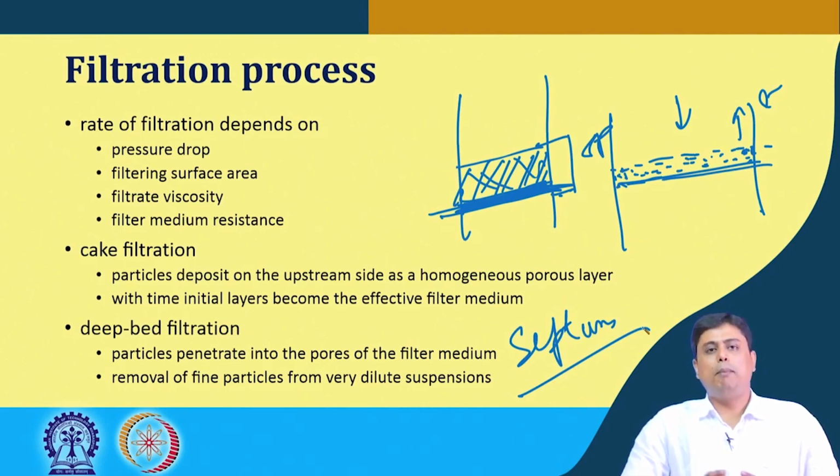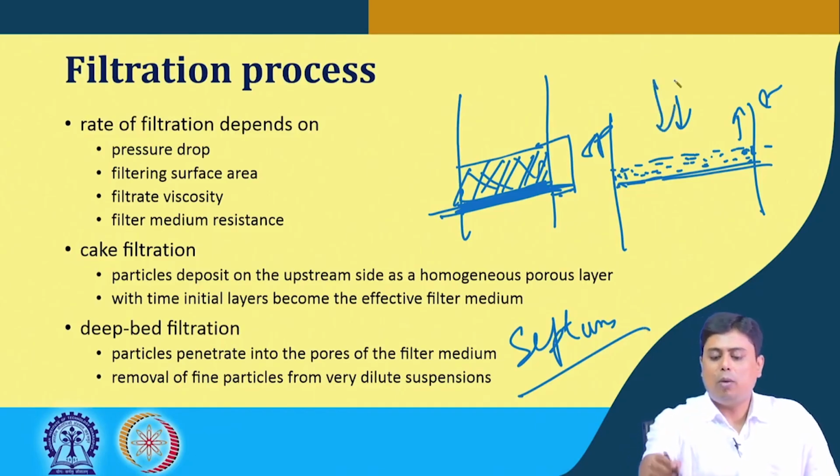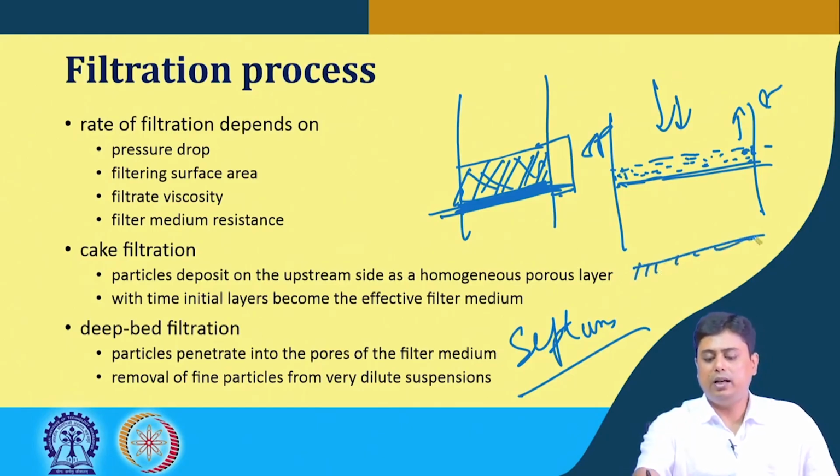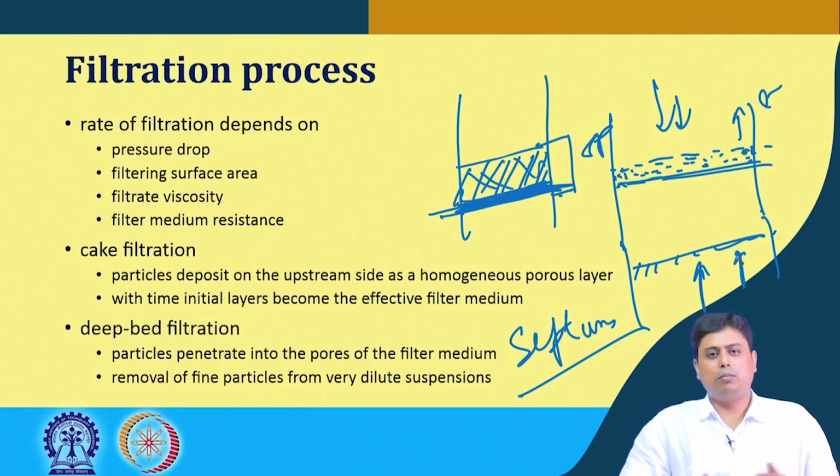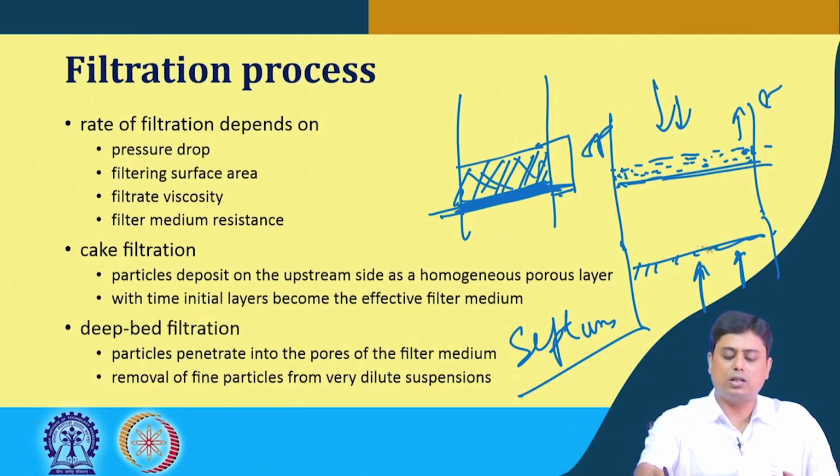We do a back flushing of the media. Initially we operated it to get our clear liquid. Once we have a clogged filter media, we make the flow upward with some wash liquid, with a certain pressure drop or velocity, and with this back washing, the pores get cleaned.